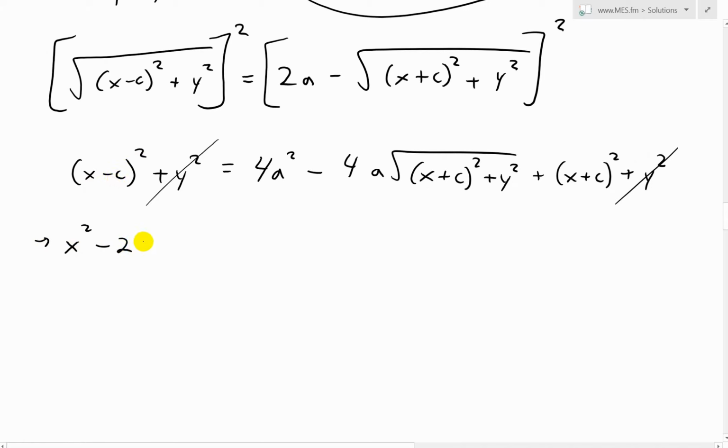Now this equals, so just write the other side, a to the 4 plus 2a squared cx plus c squared x squared. Now when you multiply this inside, we get an a squared x squared plus 2a squared cx plus a squared c squared plus a squared y squared.